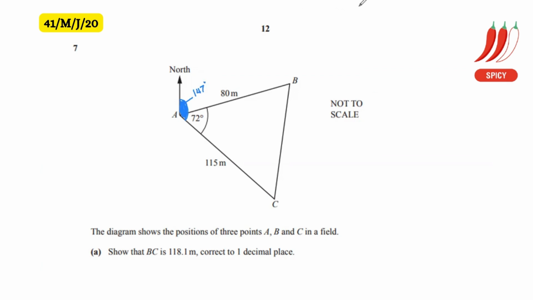And if it says bearing of C from A, that means you will measure the angle at A, not at C. Where it's from, you measure the angle over there. So we start measuring from north in the clockwise direction, and the angle goes till the line which connects the 2 points that we're talking about. So this entire angle is the bearing of C from A.